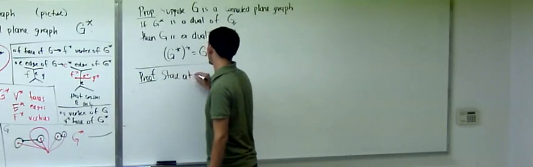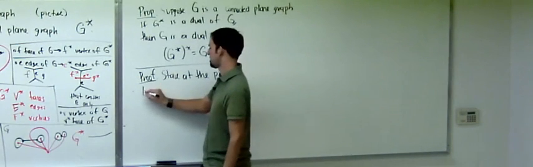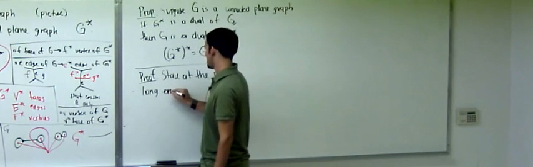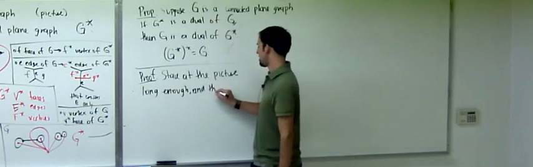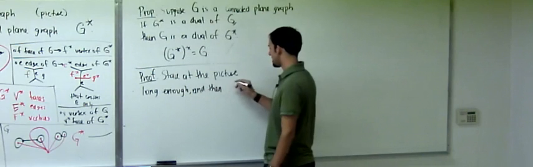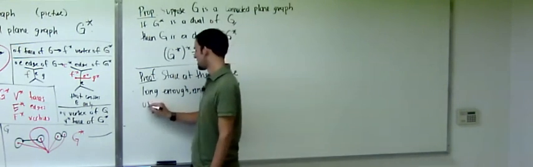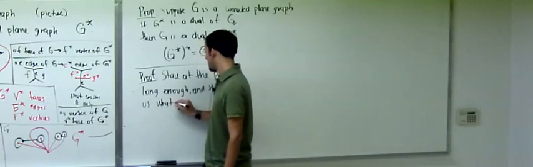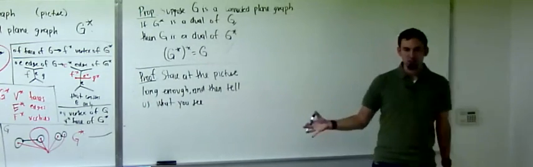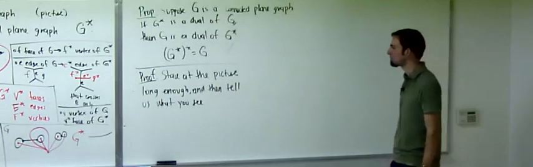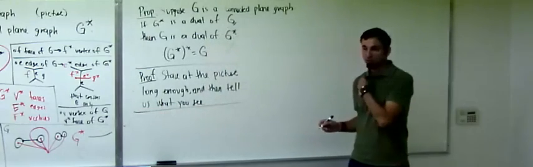Stare at the picture long enough, and then formalize what you see, and then tell us what you see. This is really the proof. There's nothing to it except for staring, understanding, and translating into mathematical language. But I do want to see why this fails for non-connected graphs.